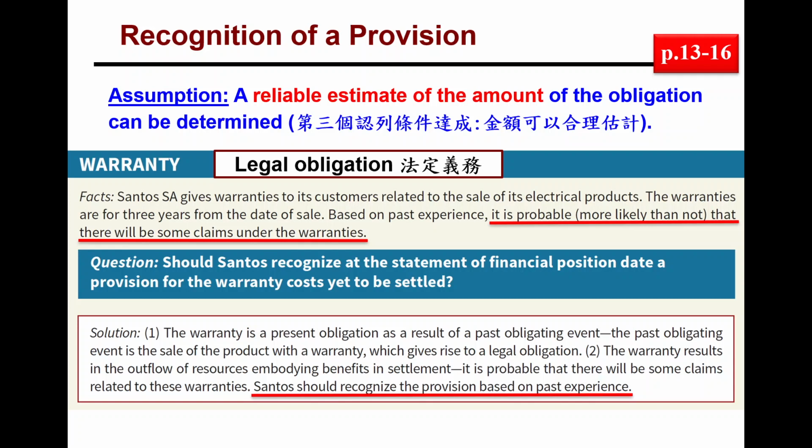So it's quite a common case for your provision. Provision for the sellers is probable, more likely than not, which means higher than 50%. Customers will come back to ask for the service, right? Okay, my cell phone has some problems, you should repair my cell phone. So usually warranty is probable based on what?